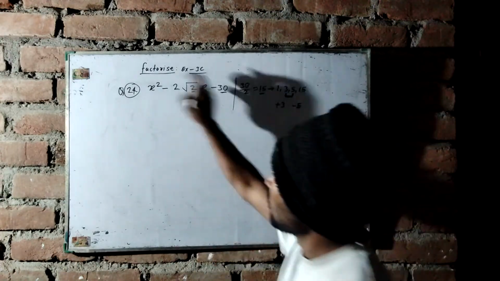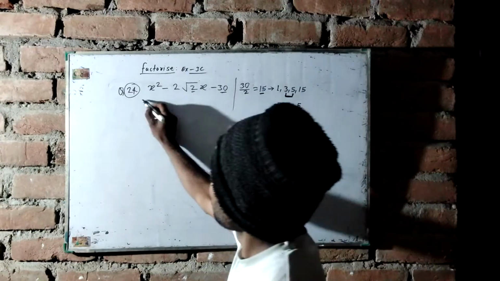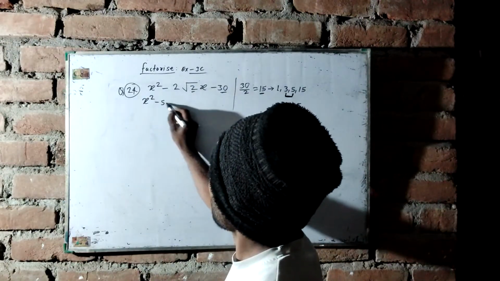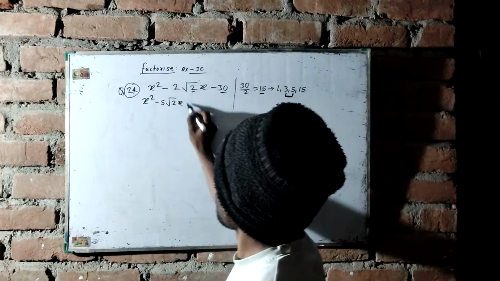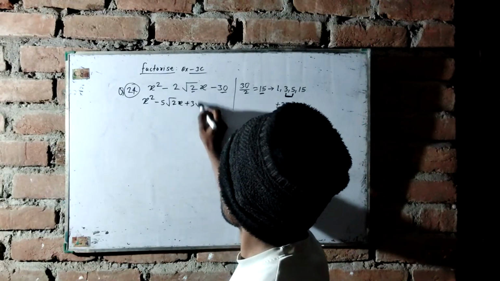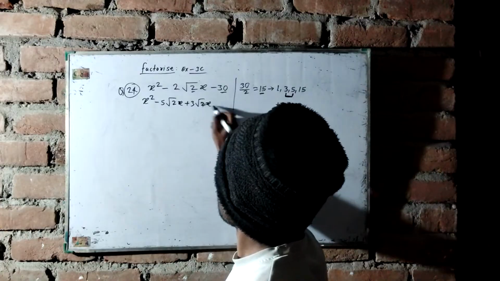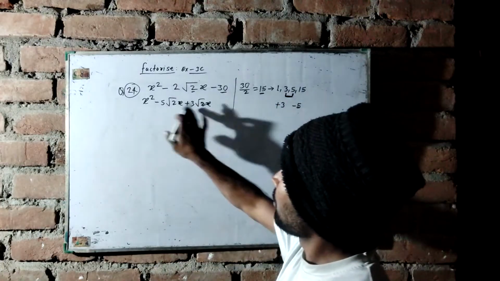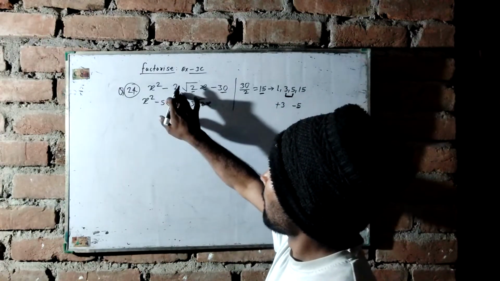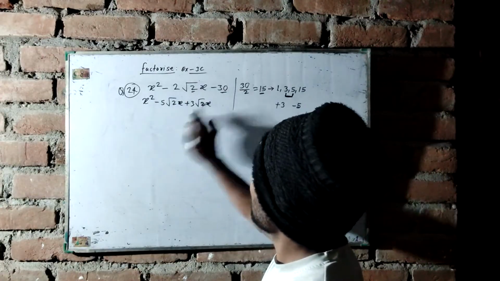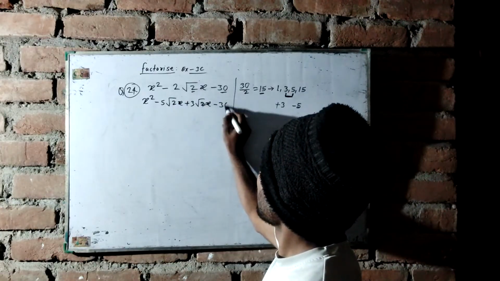Now you can write this polynomial as x squared minus 5 under root 2x plus 3 under root 2x, because their difference will be minus 2 under root 2x and their product will be minus 30.